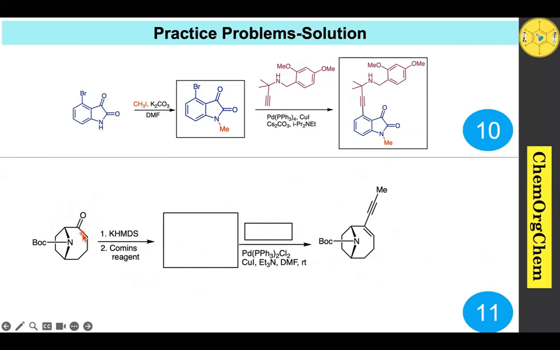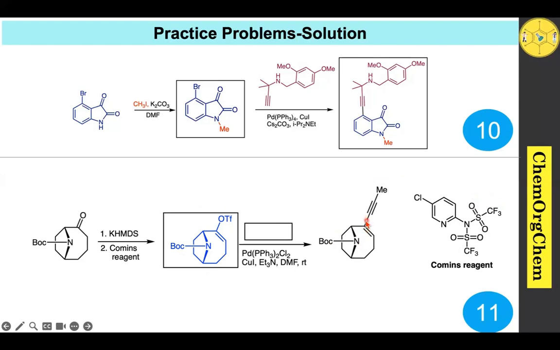This enolate ion reacts with Comins' reagent. This is the structure of Comins' reagent, which is mostly useful for the preparation of organotriflate compounds. Therefore, when we use Comins' reagent, it readily produces this corresponding organotriflate, so now you should see this final compound structure.